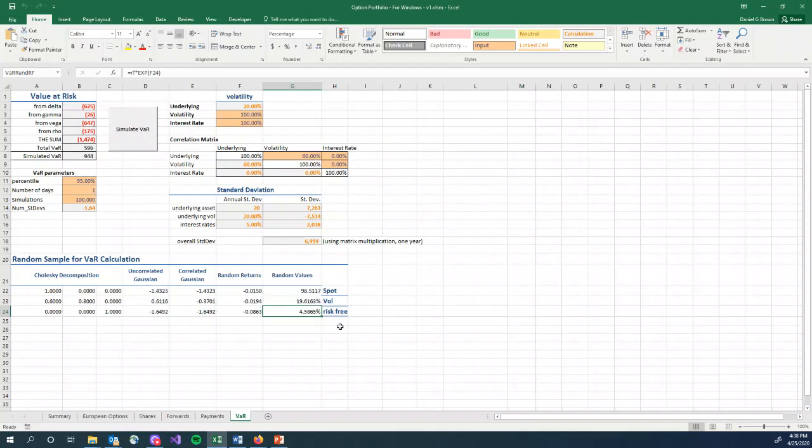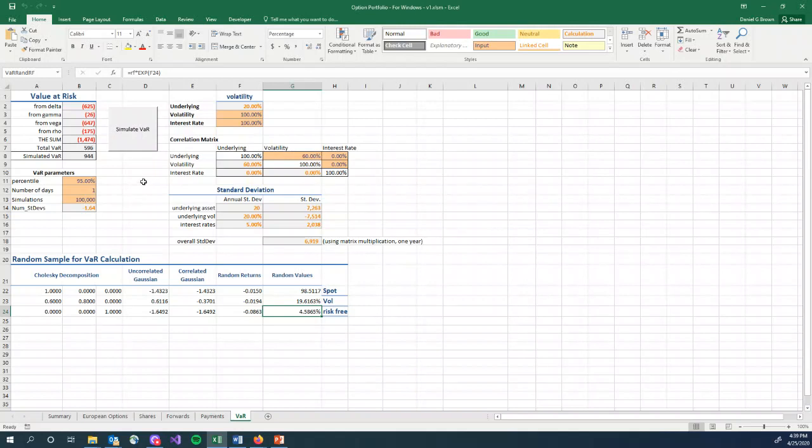We can recalculate that: 98.51, 19.61, 4.58. Again, we've made an assumption in this version that the underlying asset and the volatility of the underlying asset are about 60% correlated, which means that if the stock goes up, in general, so does the volatility, or if the stock goes down, then in general, so does the volatility.